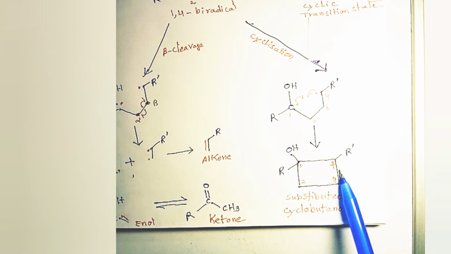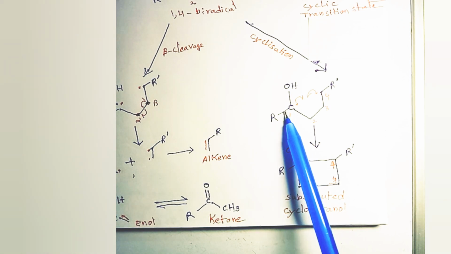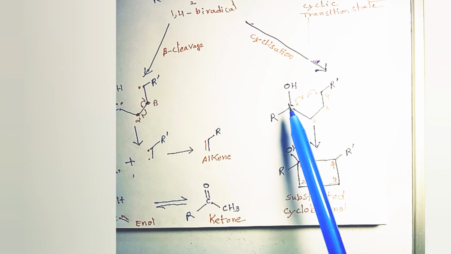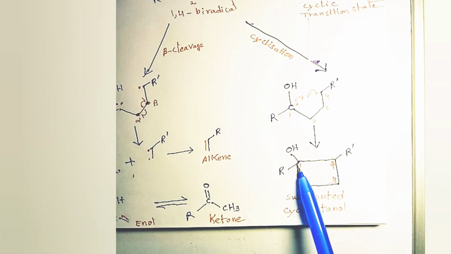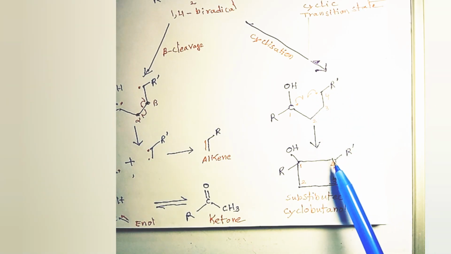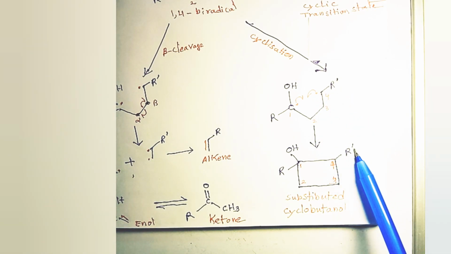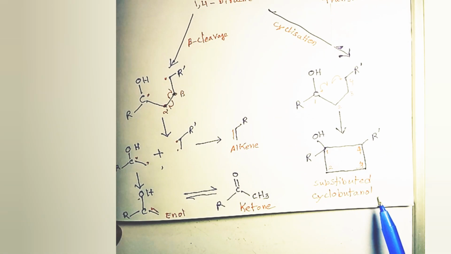This is a substituted cyclobutanol. See, on carbon 1 there is an OH group and an alkyl R group. So on the first carbon we have R and OH. On the fourth carbon we have R prime. So this is the fourth carbon. This is R prime. This is the substituted cyclobutanol.